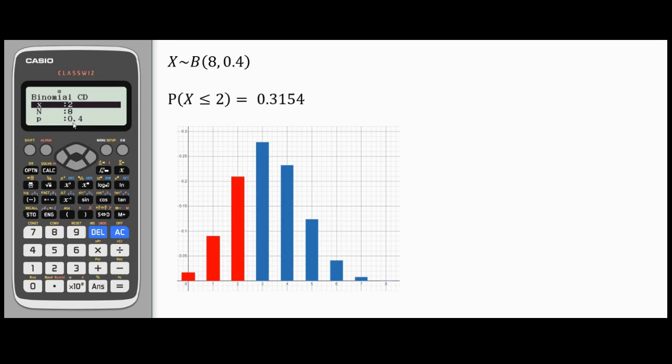N is 8, P 0.4. So whenever you're using binomial CD, the calculator understands that it's going to take the probability from 0 up to your input and add them up. So if I press the equal sign, I'm going to get 0.3154.